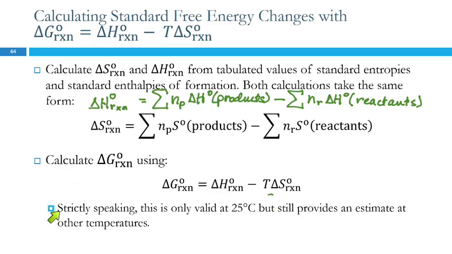Now, this is really only valid at 25 degrees Celsius because these are standard enthalpies and standard entropies, and those are defined at 25 degrees Celsius. But it's still going to give us a good estimate at other temperatures. So we're not going to get too fussy about that.